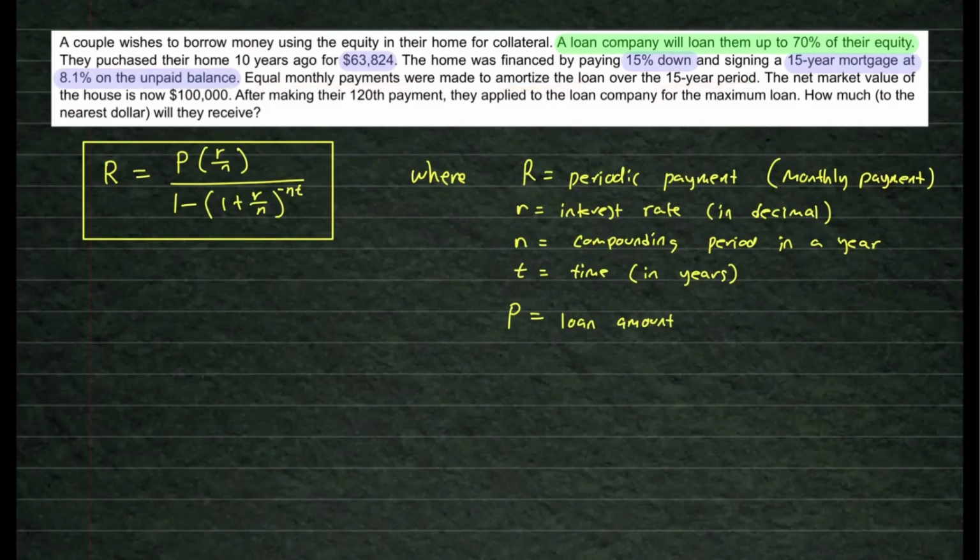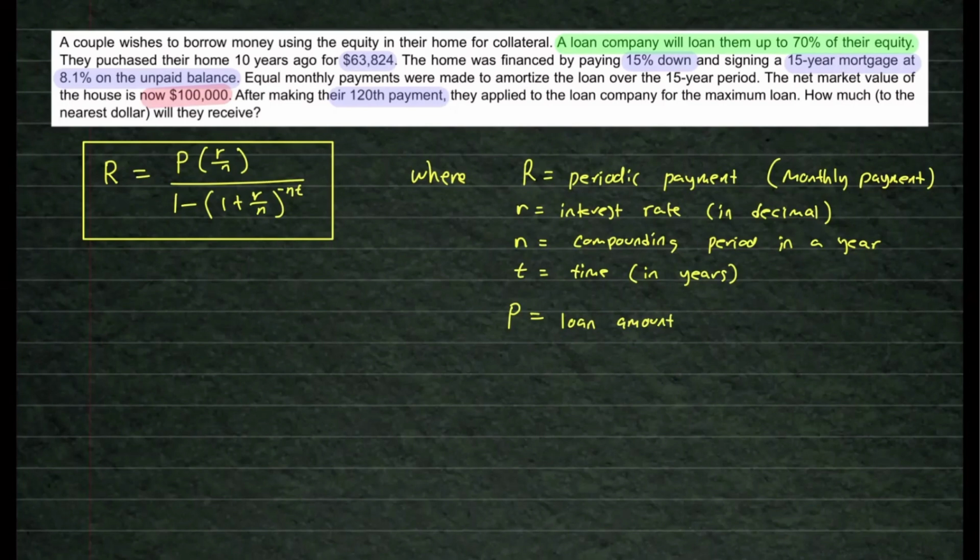The net value of the house is now $100,000. After making their 120th payment, they apply to the loan company for the maximum loan. And we want to know how much loan they will receive.